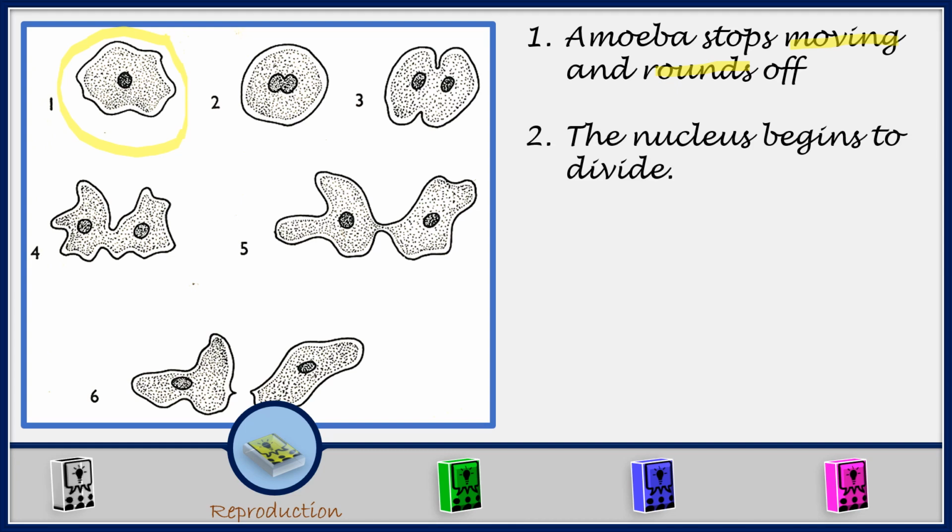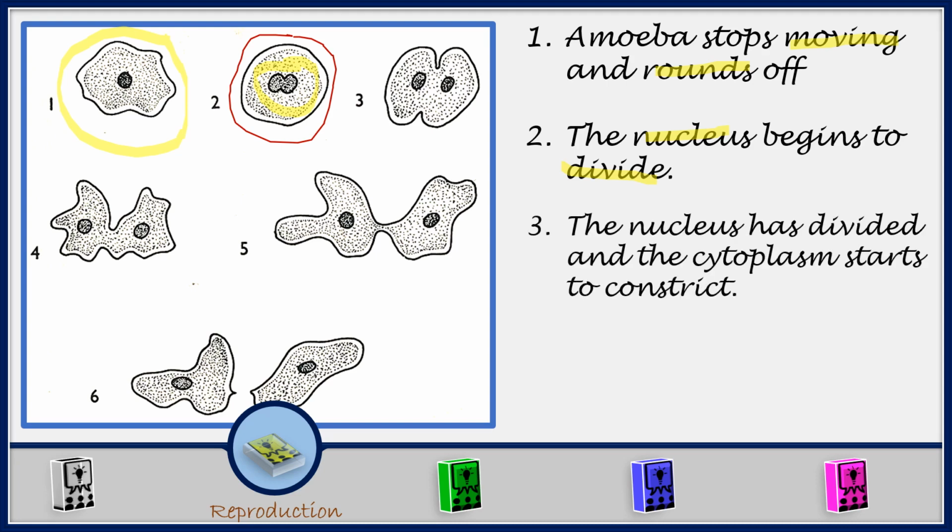Then in the second stage, the nucleus will start dividing. As we can see here, our nucleus is now dividing, starting to form two nuclei.